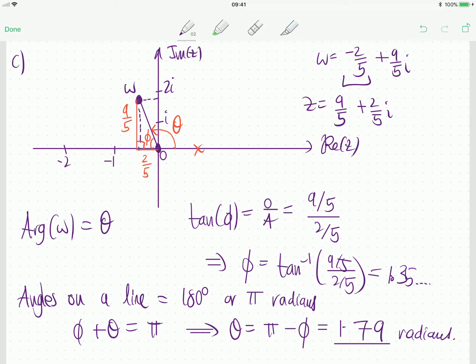So 9/5 is just less than 2. So there, roughly. And then the 2/5 of i is right about here. Okay, so there's my, oh, that's not W, that's not Z, it's W. Let's correct that. There you go, there's my Z. I'm not going to do anything else with that, just going to show it on a picture. There it is.